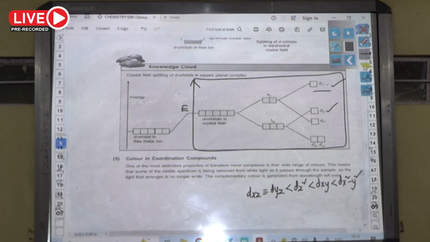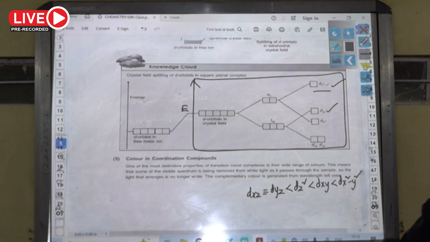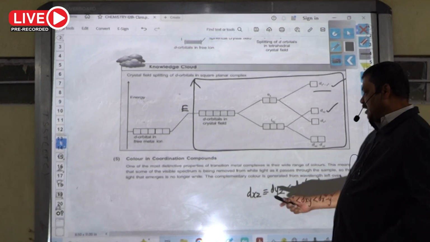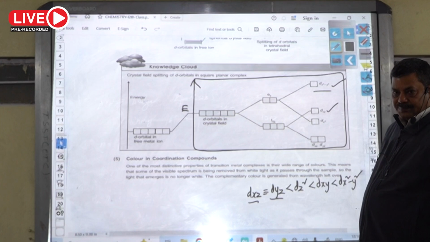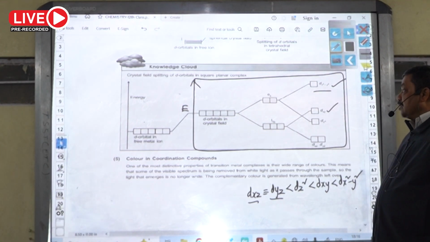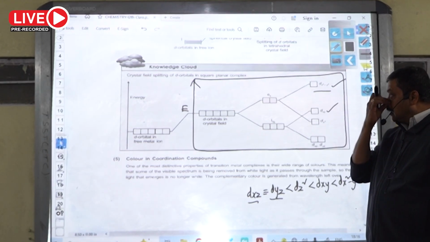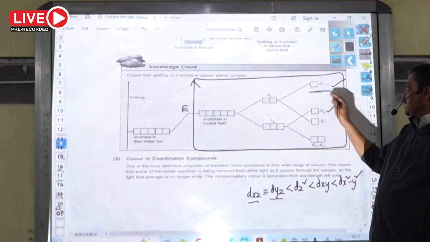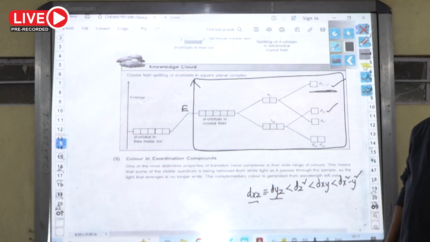dxz or dzx, both are the same. dzx or xz is equal to dyz. Because in the square planar, x and y are maximum facing the approaching ligands.